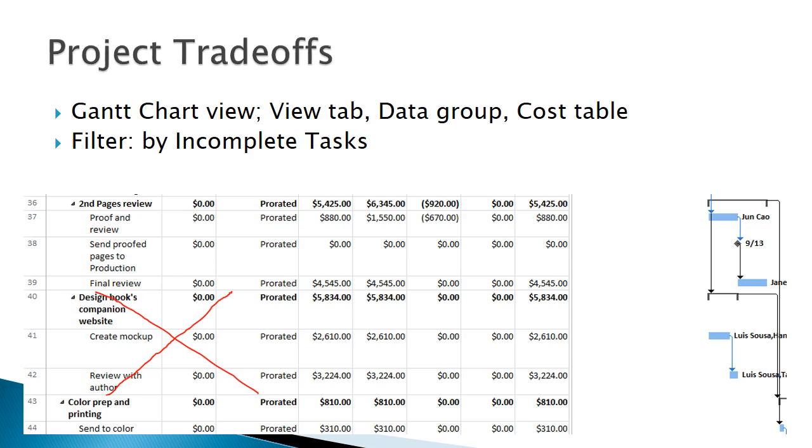The total cost of this work is $5,834. These are not primary tasks to getting out the book, so you discuss this possibility with the project sponsors, and they agree the website can be eliminated. If book sales go well, a companion website could be added later.